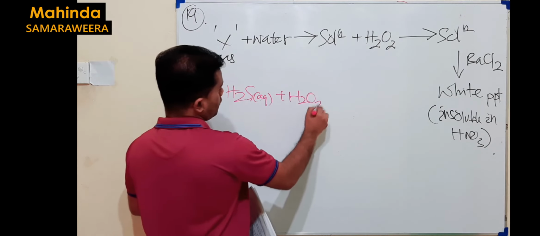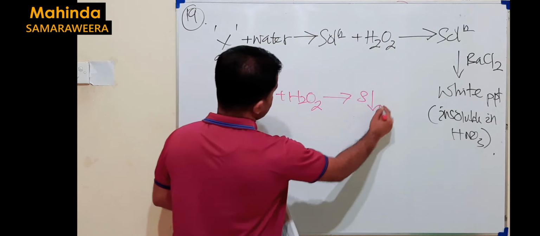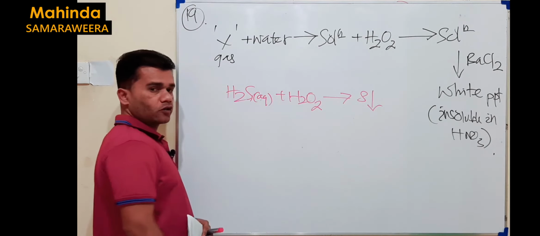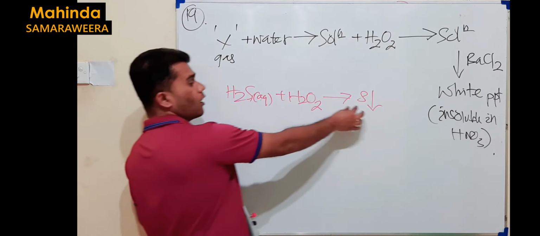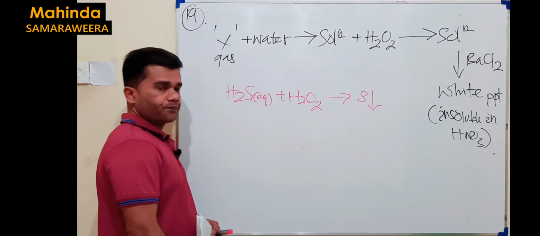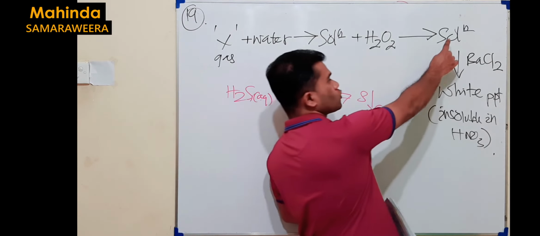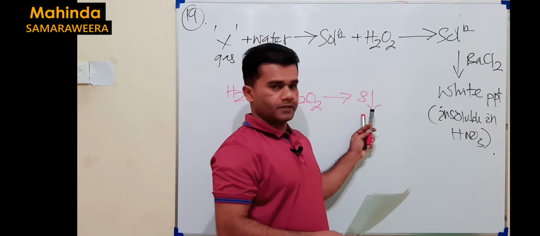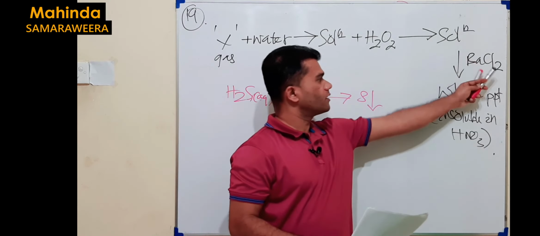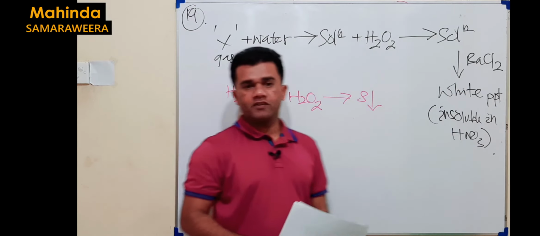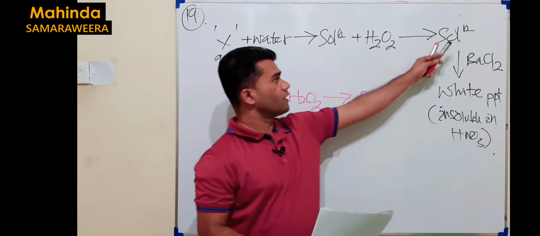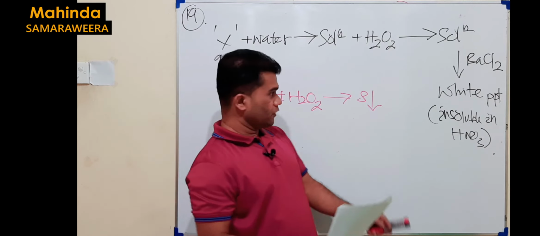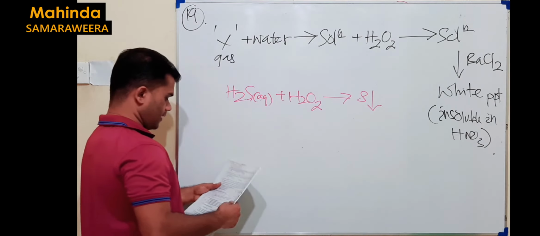Hydrogen peroxide can act as an oxidizing agent, and then -2 can be oxidized to 0. But in this case, it says solution. It's not a solution, there is a precipitate. And that solution should react with barium chloride to form a white precipitate. But sulfur will not react with barium chloride to form a white precipitate. Therefore, it's not hydrogen sulfide.